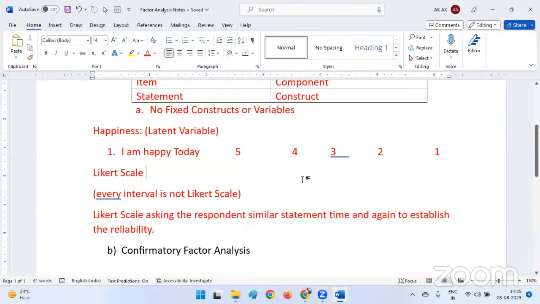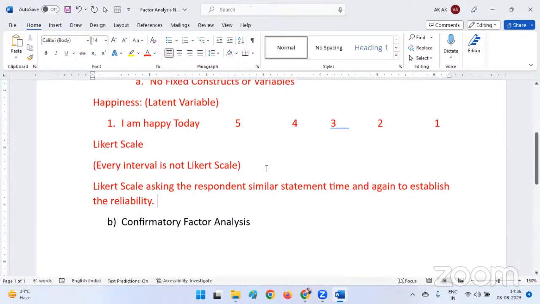Can anyone confirm I am audible and my screen is visible? Yes, visible, sir. Thank you. So every interval scale is not a Likert scale.